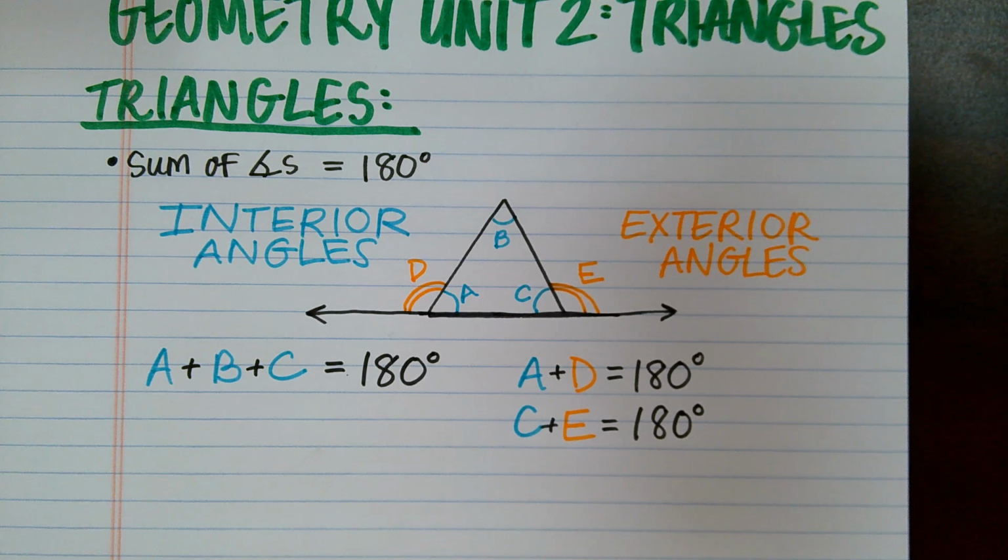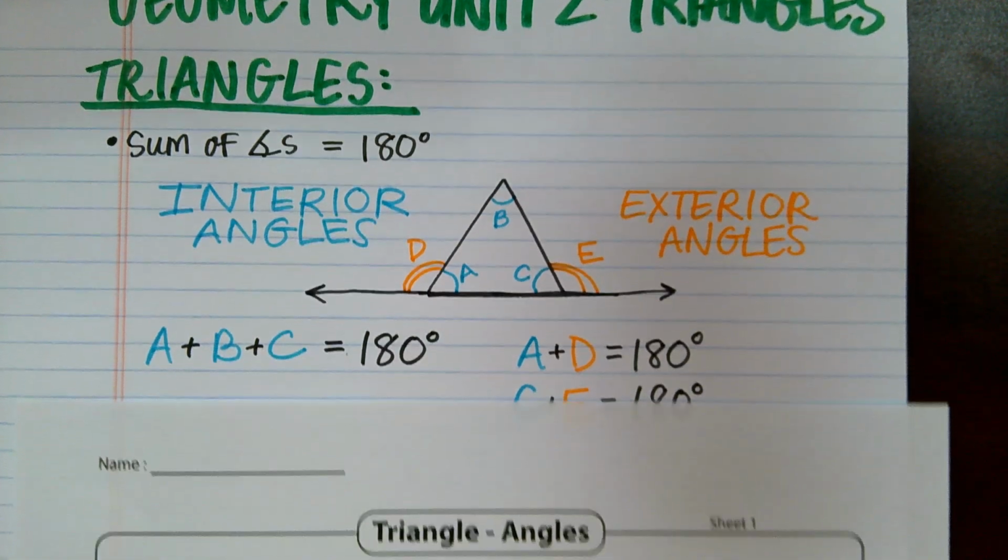So let me ask you this, guys. What if I had 3 angles and I wanted to figure out if those 3 angles made a triangle? So here's that third worksheet. Let's go ahead and pull this out here.